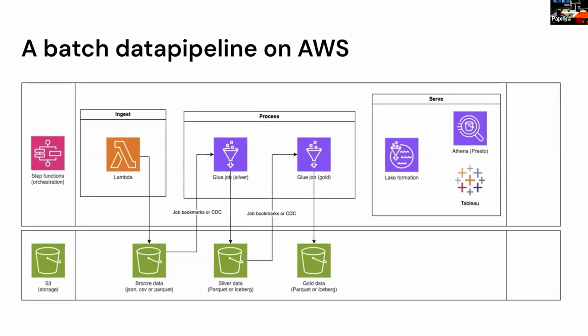We store the data on S3. We follow the medallion architecture, but this will be changed soon. And we used AWS Glue jobs for processing. For those who don't work with AWS, it's basically managed serverless Spark, at least some parts of it. For access control, we use Lake Formation, and Athena for querying.